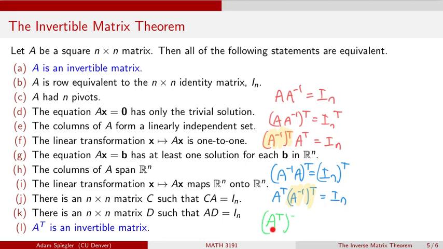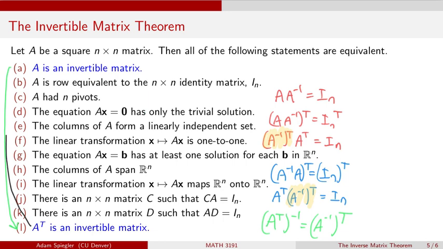So therefore, the inverse of the transpose of A is equal to the transpose of A inverse. And we've proven this back when we first looked at inverse matrices. So this tells me that statement A implies statement L, and we still need to get an implication that statement L also implies statement A.